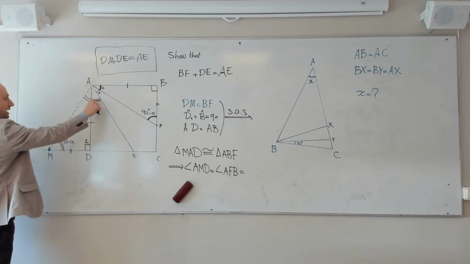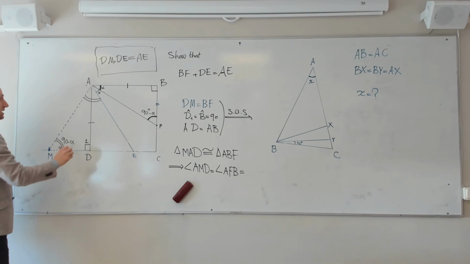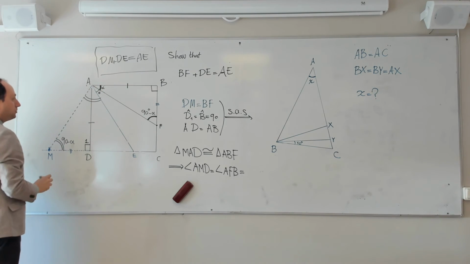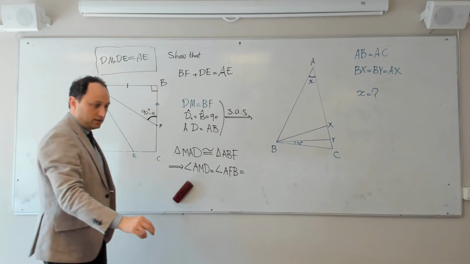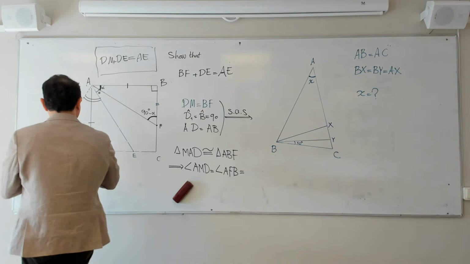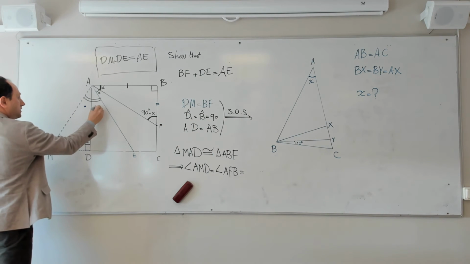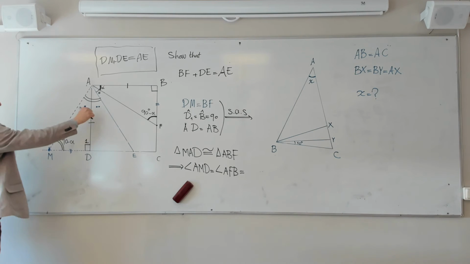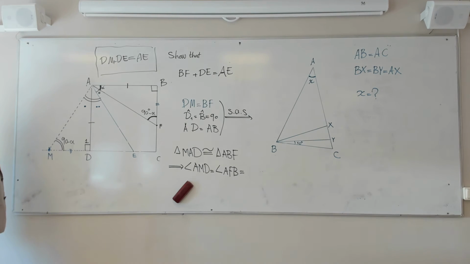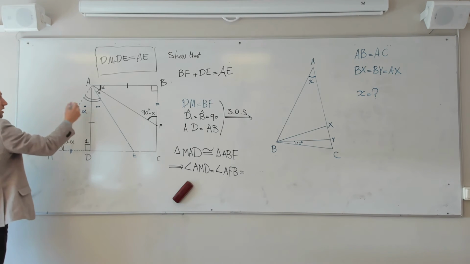Let us go back and see this angle. This angle is composed of two parts. One this part, one this part. Can you tell me what this part is? It's alpha, because yes, they are congruent. So this is alpha.